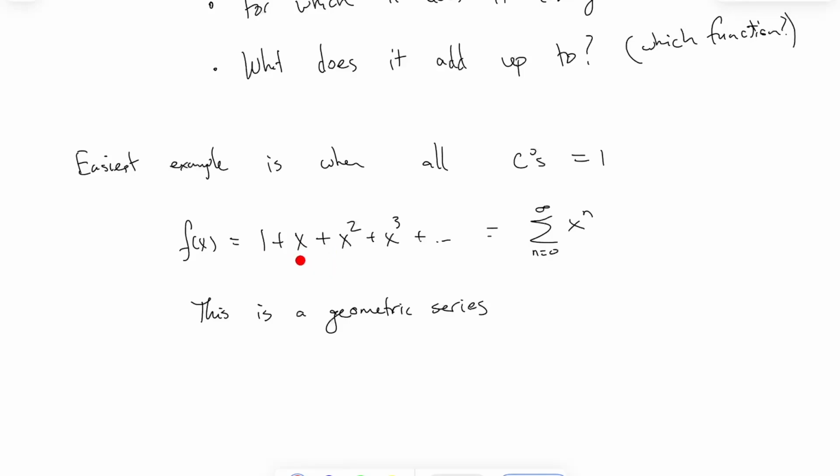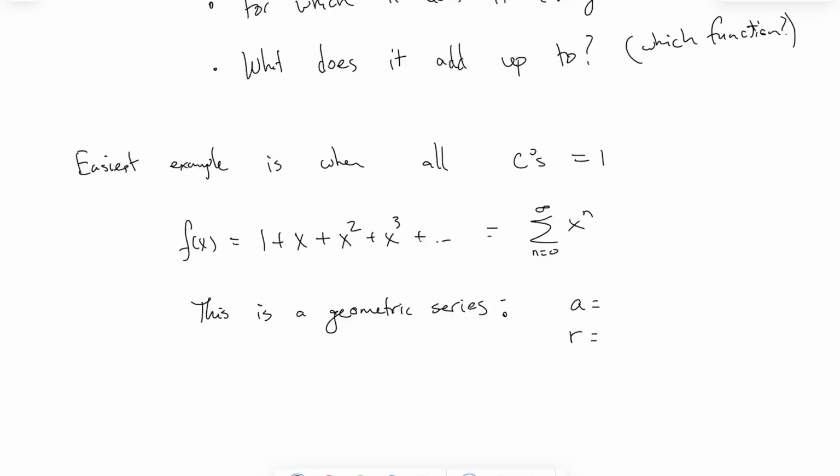And in this example, that answer is x. If I do x divided by 1, it's x. If I do x squared divided by x, that's also x. x cubed over x squared is also x. So every ratio of the next term divided by the previous one is the same every time, and it's x every time.